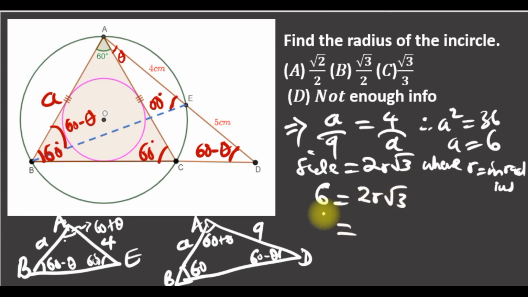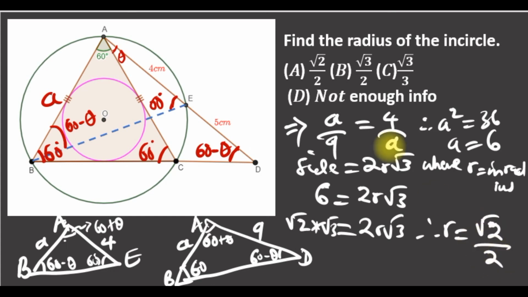And I can write 6 as root 2 times root 3 to simplify our solution. So root 3 is root 3. Therefore, R is, root 3 is gone, so we are left with root 2 over 2. So our answer is option A.